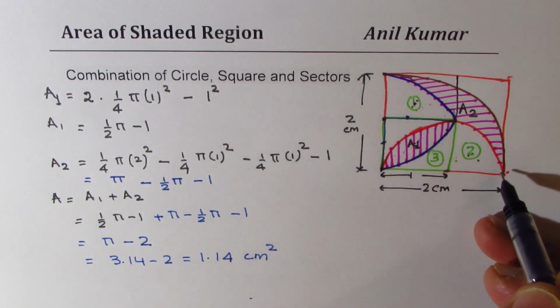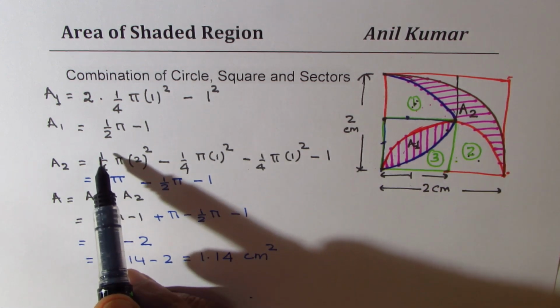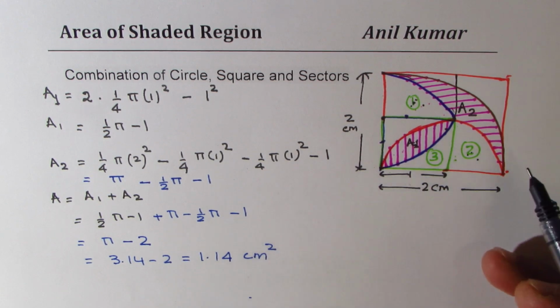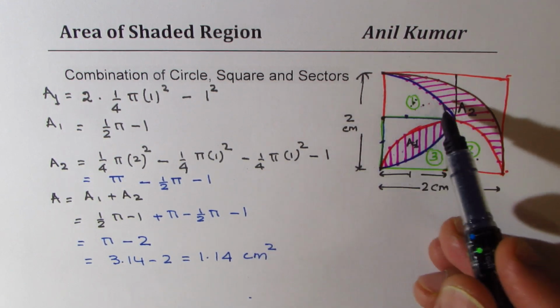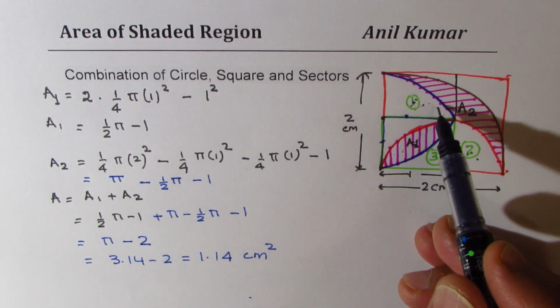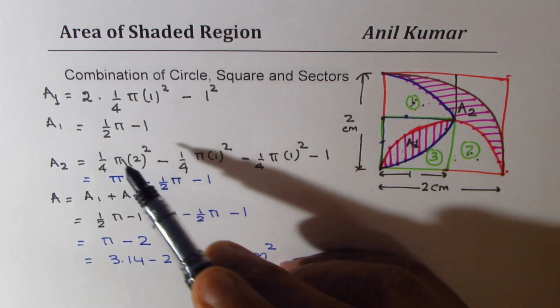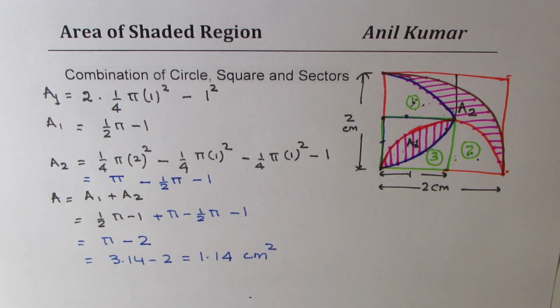The quarter circle area is 1/4 of pi 2 square, and from which I take away these 3 areas, which is twice a quarter of the 1 unit circle and 1 full square. Adding these two, we get our total area, which is, as shown, 1.14 centimeter square. So I hope the steps are clear.